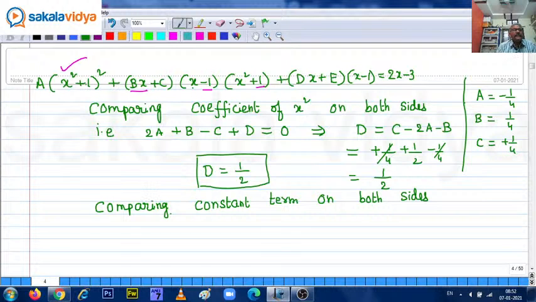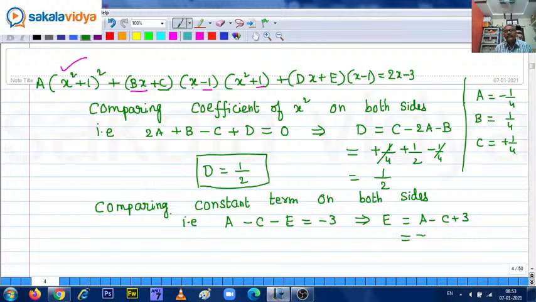Comparing the constant term means here 1 square 1 into a, that is here actually c into minus 1 minus c into 1 minus c. Now e into minus 1 minus e. Okay. Minus e equal to, the constant term is minus c.